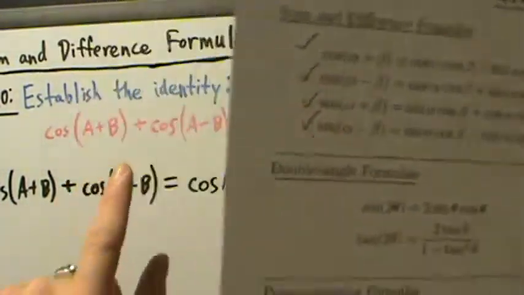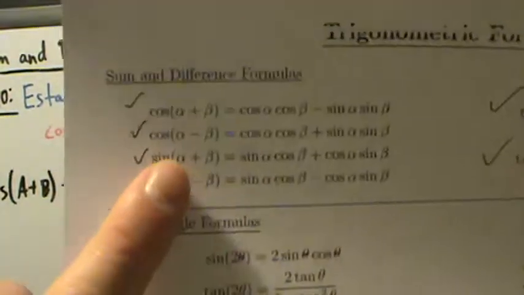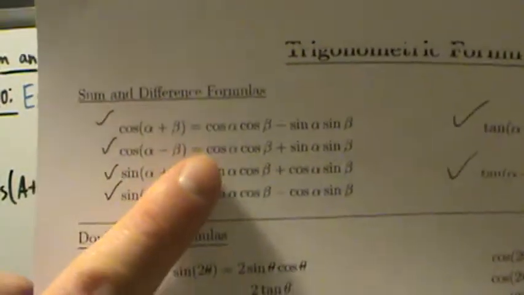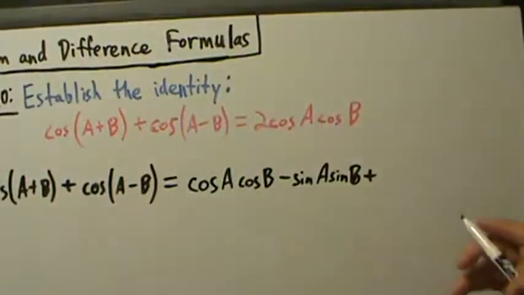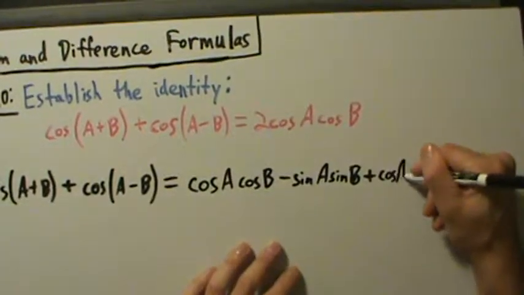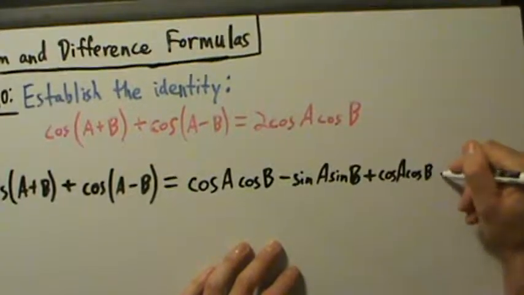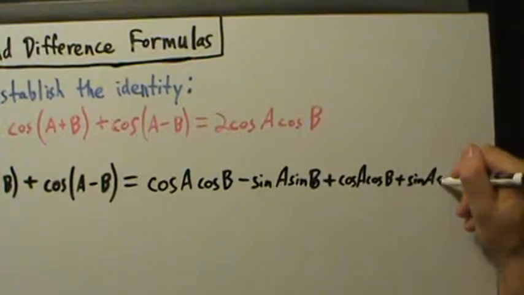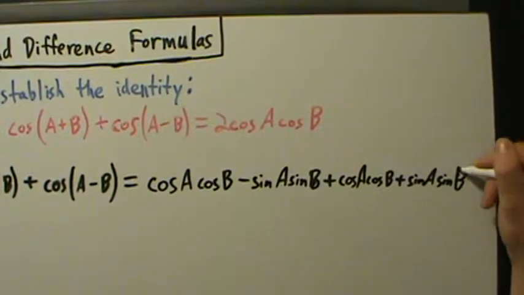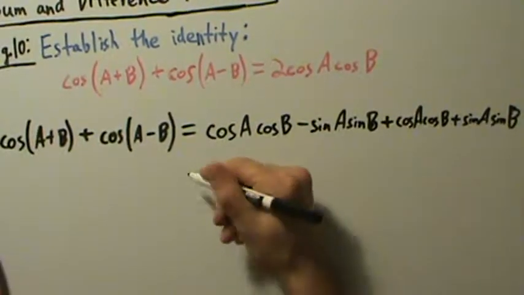If we express it in terms of A and B, then cosine A minus B is going to be cosine A cosine B plus sine A sine B. Alright, so let's go ahead and see what simplifies.